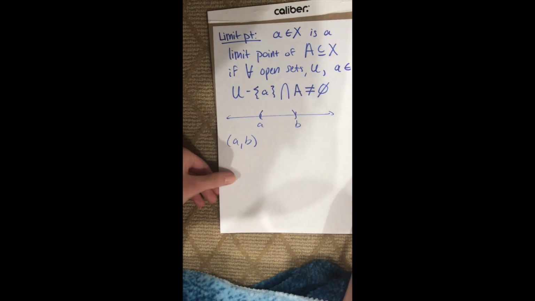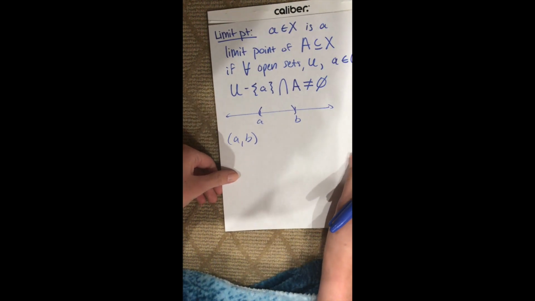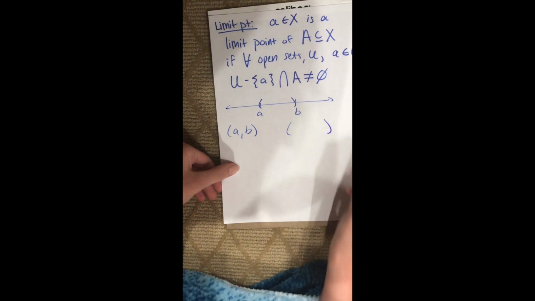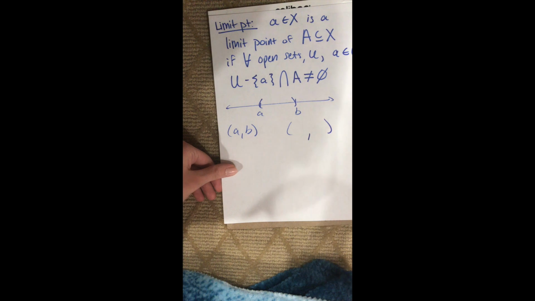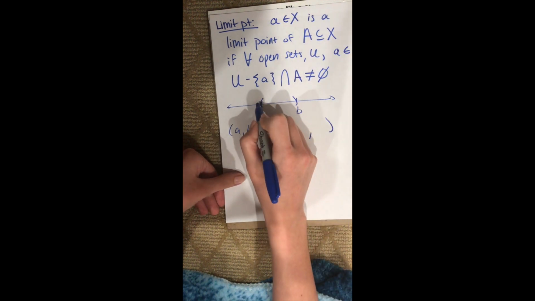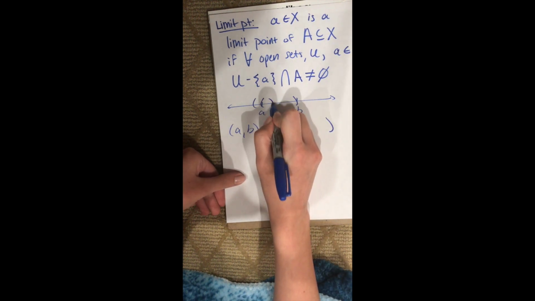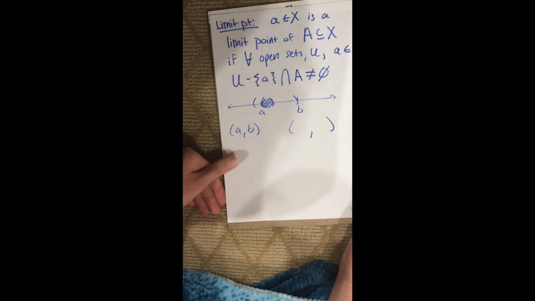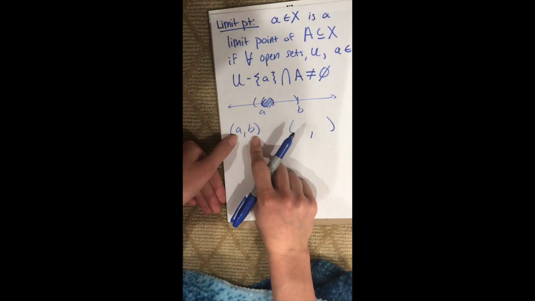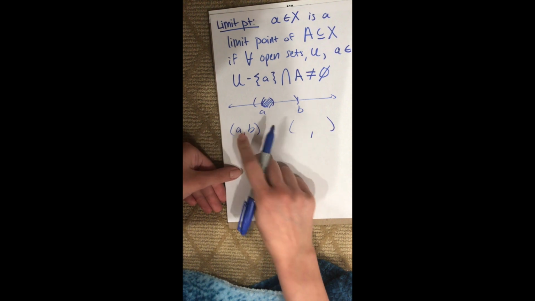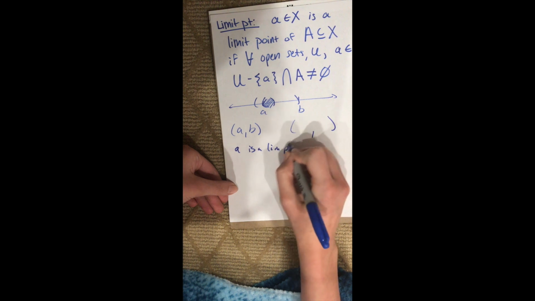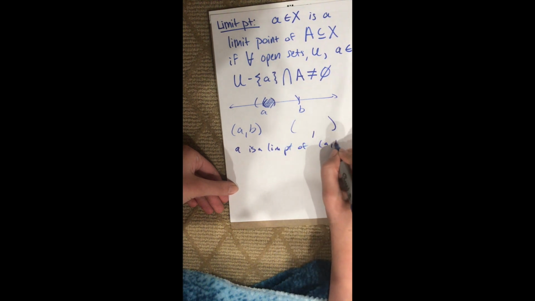We know that all the open sets in the topology look like some kind of open interval, maybe a union, maybe not. But if they contain a, then you'll see an open interval around a which has non-empty overlap with the interval from a to b. That means that a is a limit point of (a,b).